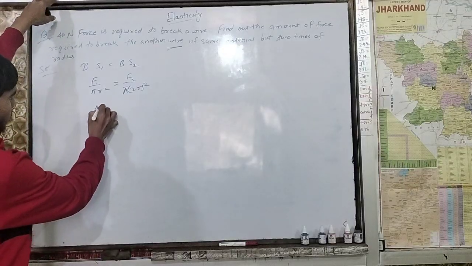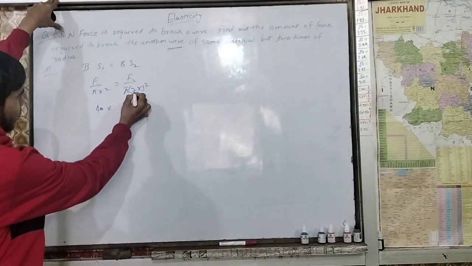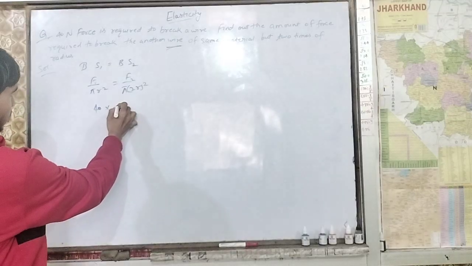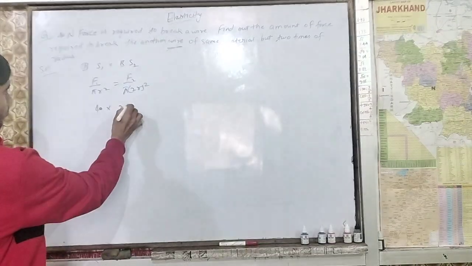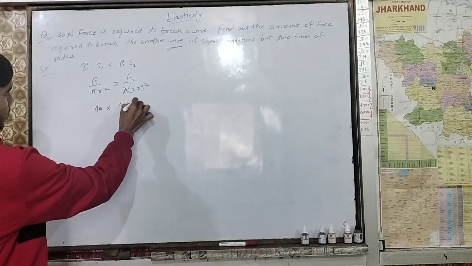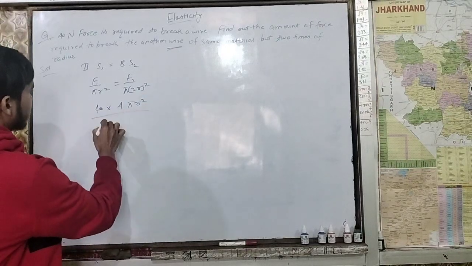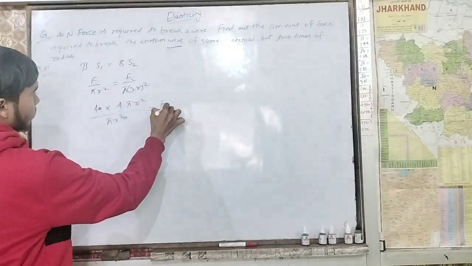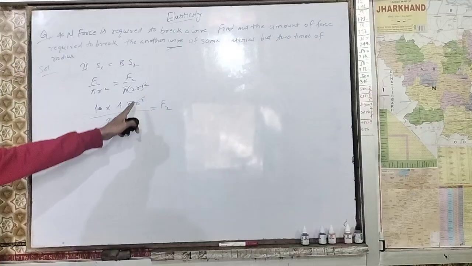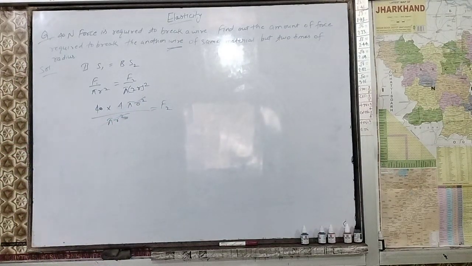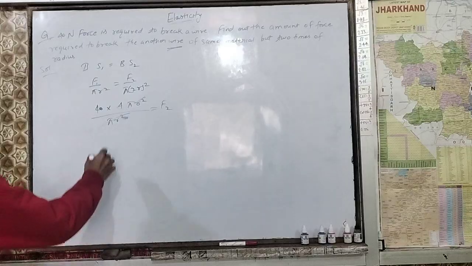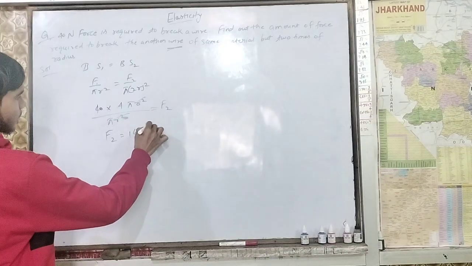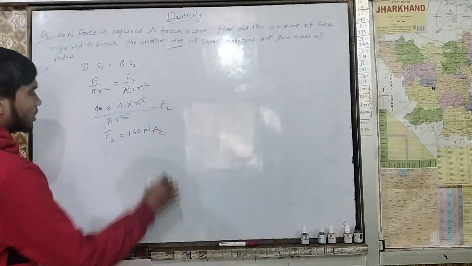F1 is 40. 40 multiplied by 4 pi r square upon pi r square is equal to F2. This will cut. So finally, the magnitude of F2 is 4 times 40, 160 Newton. This is our final answer.